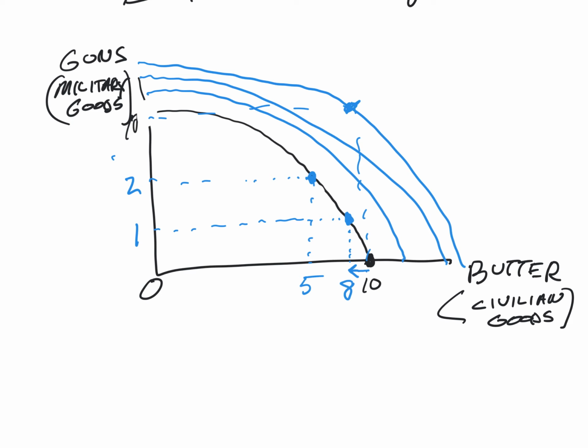And how fast and how far that curve shifts out is something we do have some control over. For example, here I've got the curve shifting out pretty far each time in comparison to this one, where it just shifts out a little bit each year, okay? And that involves a trade-off between consumer goods and investment goods, which will be the topic of the next video.